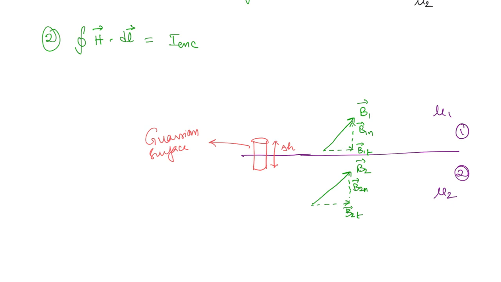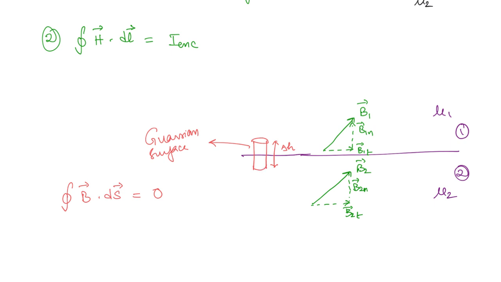Now what is the first equation? The Gauss law: the closed surface integral of B bar dot dS bar is equal to 0. Now if you see this Gaussian surface, it has one curved surface area, one top surface and one bottom surface.